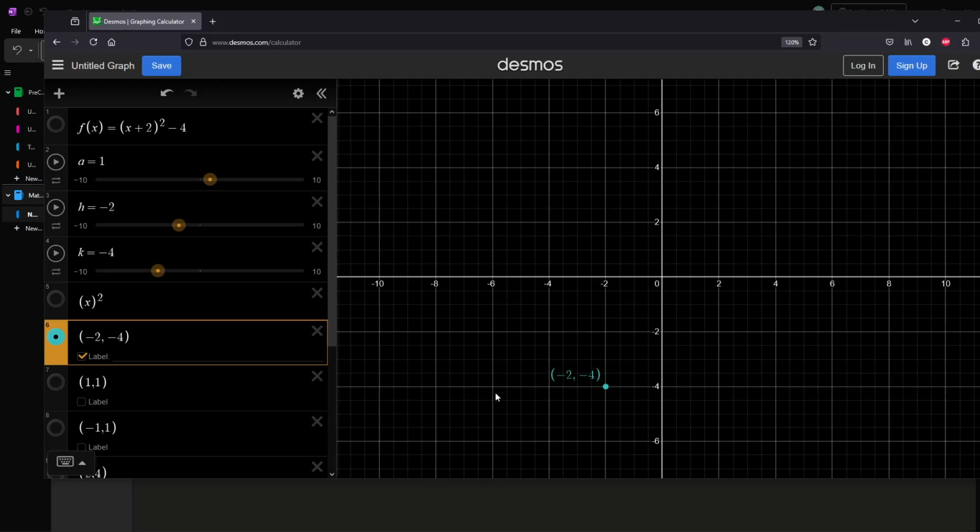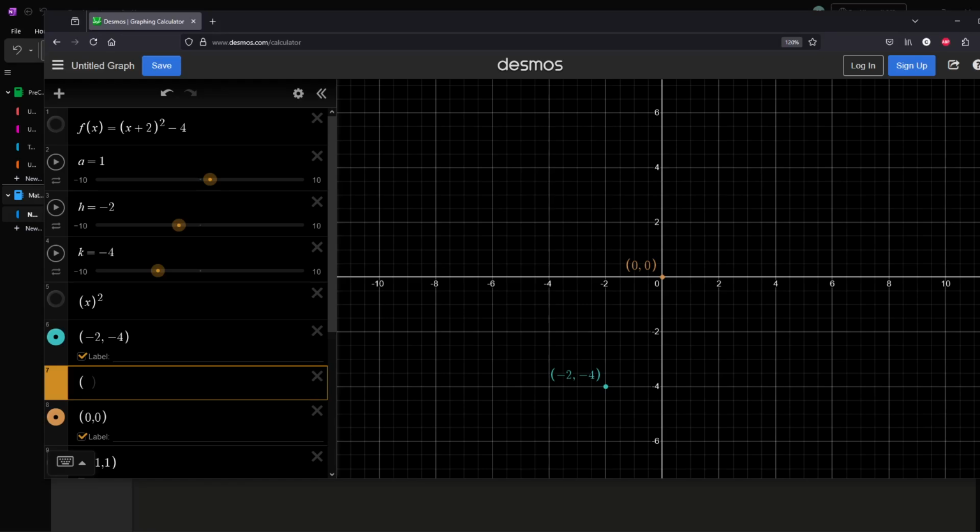I want to use this as my graph. So I moved my vertex. I shouldn't have deleted that. My vertex was at 0, 0. But I moved it left 2, then down 4. From this as my reference point, I'm going to add some more points. My quadratic, if I go to the left one, I add 1.